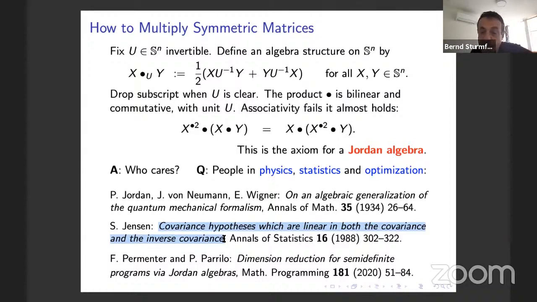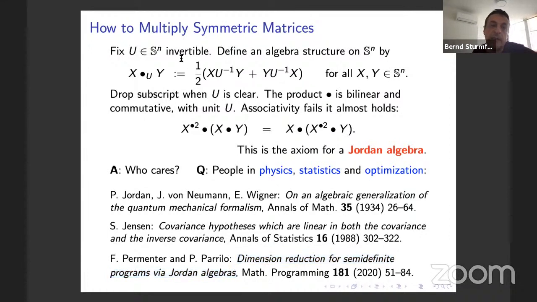In optimization and semidefinite programming, there was a paper last year in Math Programming by Permenter and Parrilo called dimension reduction for semidefinite programs via Jordan algebras. So the symmetries expressed by Jordan algebras are used by the optimizers for dimensionality reduction. And dimensionality reduction, as all applied mathematicians know, is crucial for methods to scale.